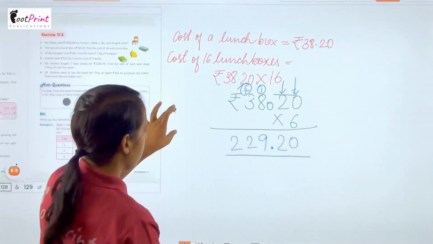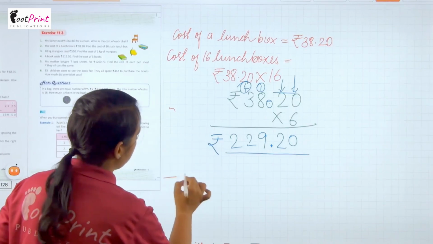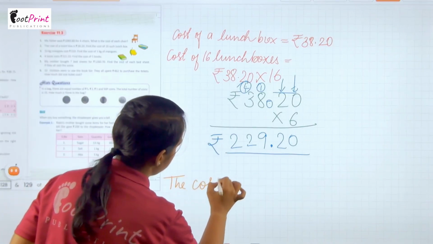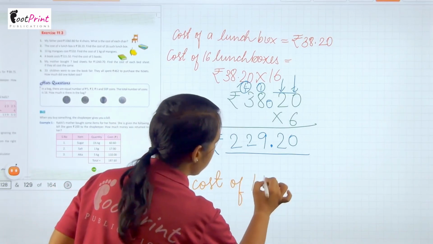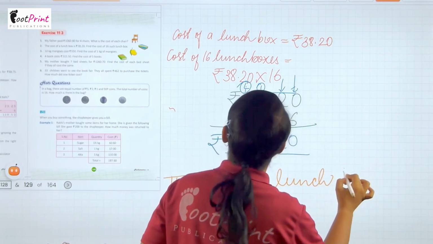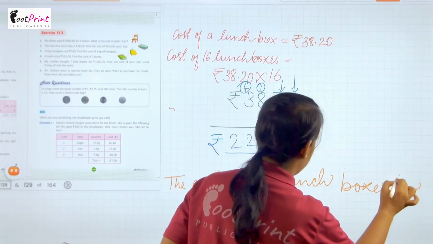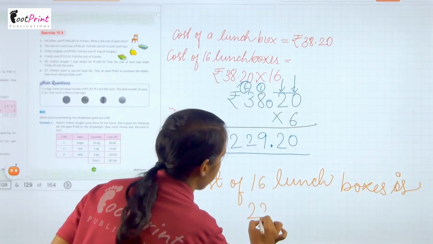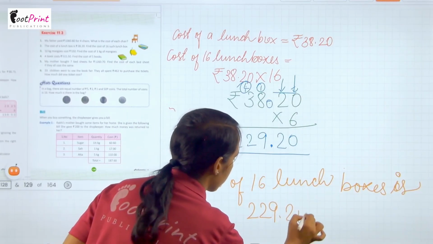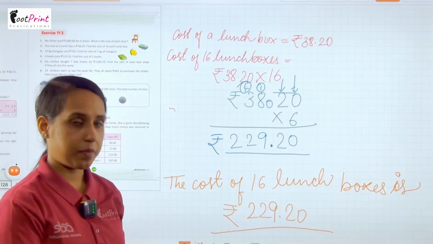Okay, so we can write the answer: the cost of 16 lunch boxes is 229.20 rupees. Okay, this is our answer.